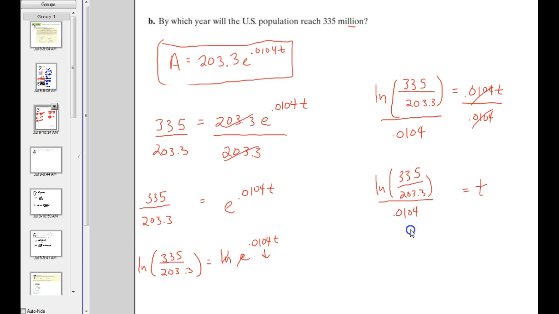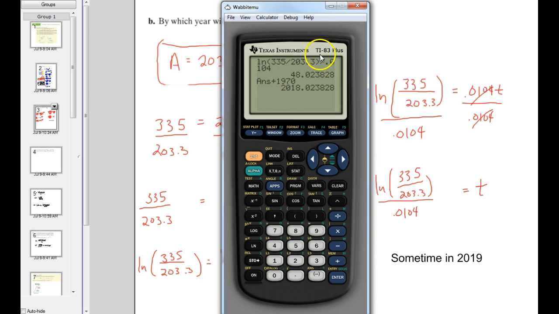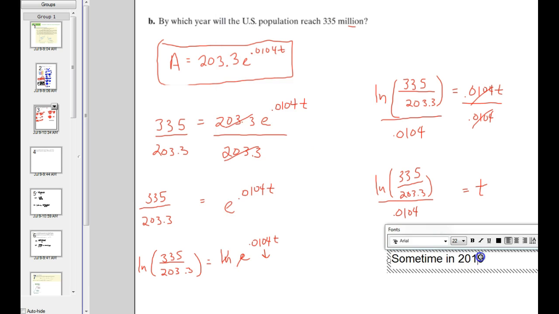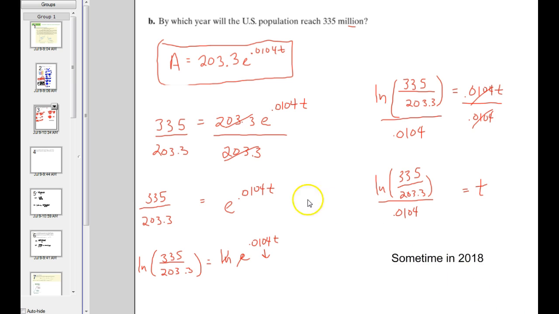So technically, we're sometime in 2019, but if you just rounded that and put 2018, you would get credit for it. But technically, this would actually be 2019, since the decimal is beyond the 2018. But if you wrote 2018 there as well, you'd get credit for it. It'd be fine.